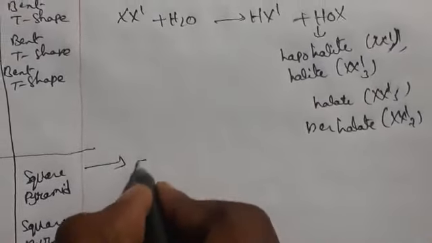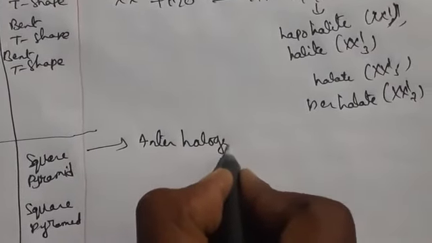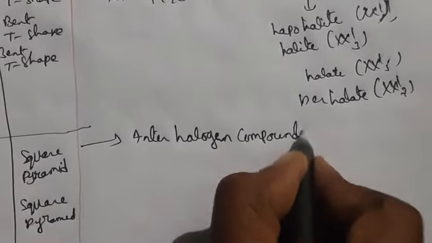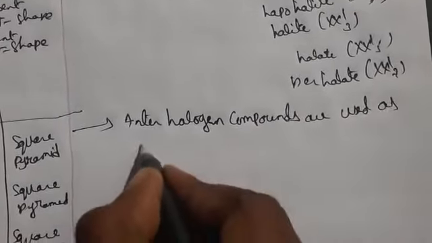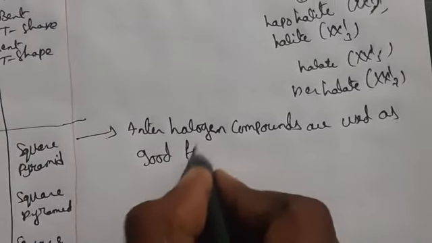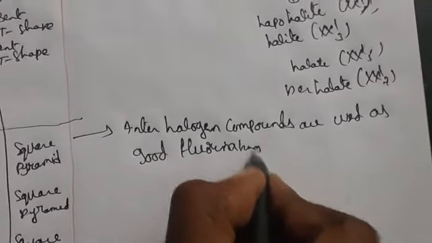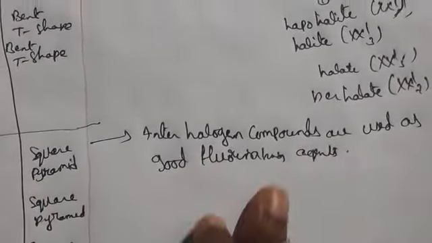Also, there are some uses. Interhalogen compounds are used as good fluorinating agents. Why a good fluorinating agent?